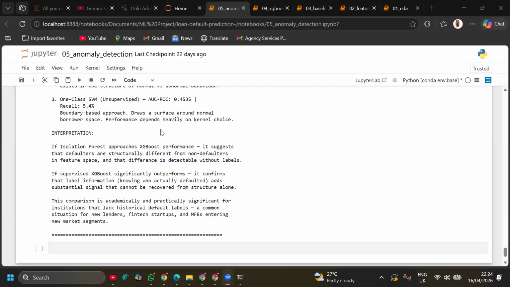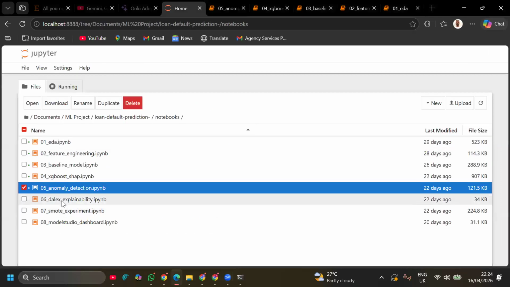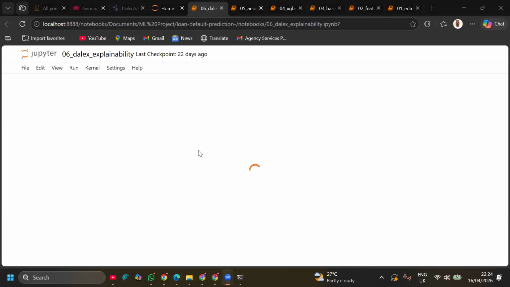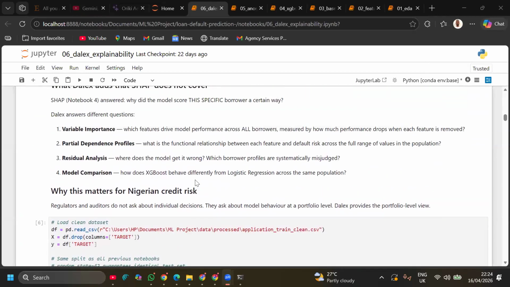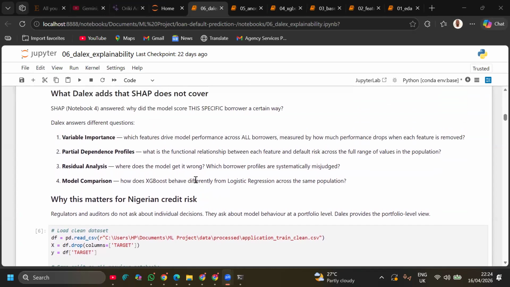Okay, so let me now take us to the last notebook, which is the DALEX. This DALEX is just trying to explain why we are selecting this kind of model. You know, in audits, when you are selecting a model for the financial sector, you need to tell the customer why you are defaulting the loan, and the overall bank itself, why you are not giving out a certain loan.